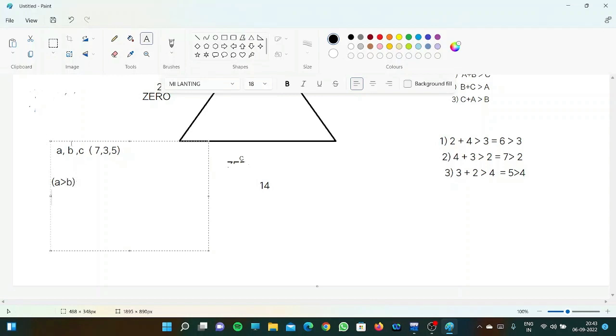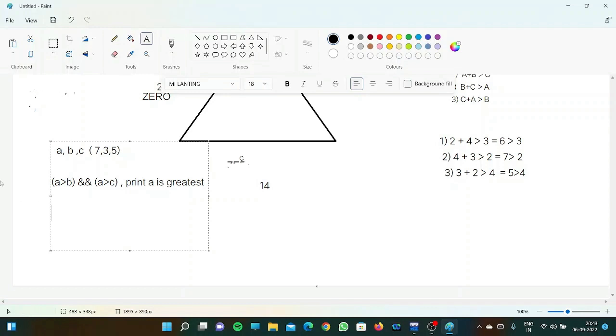Now you check whether A is greater than C. A is 7, C is 5. Definitely A is greater than C. So from here you can say A is the greatest because A is greater than B and A is greater than C also. Print A is greatest.